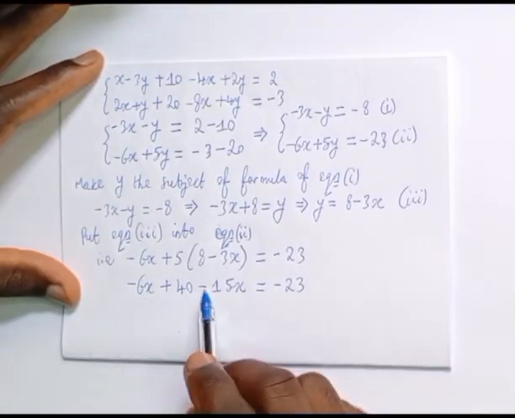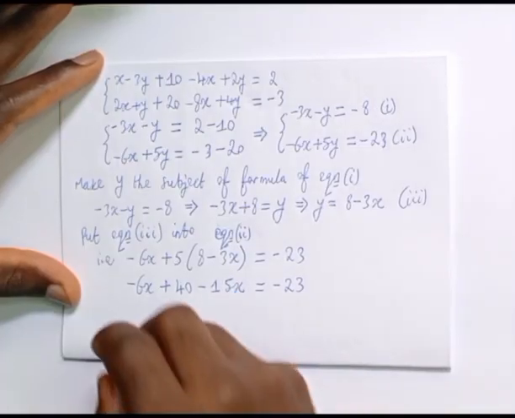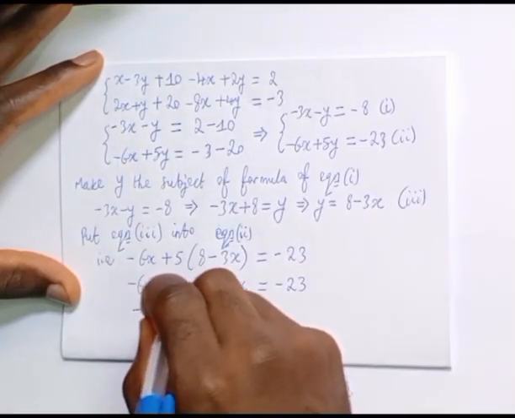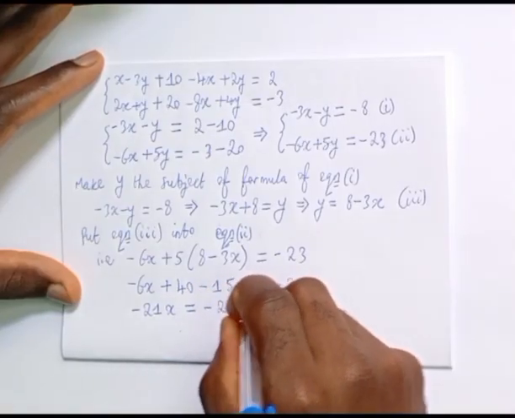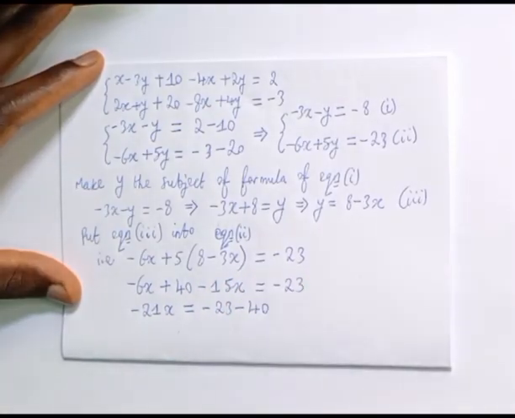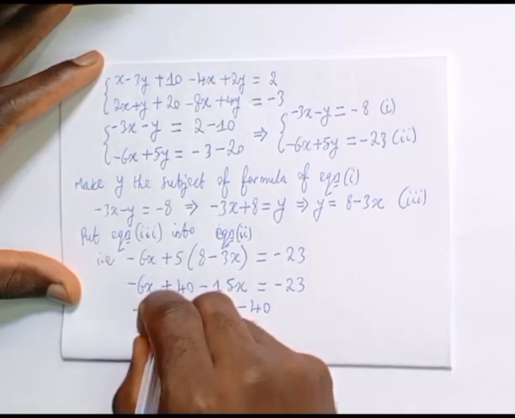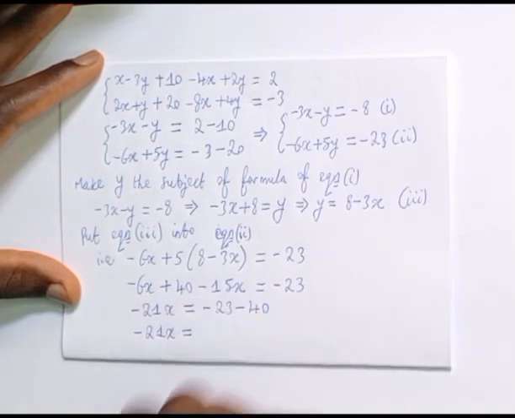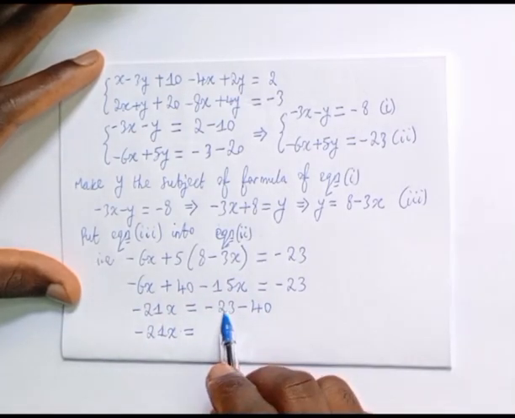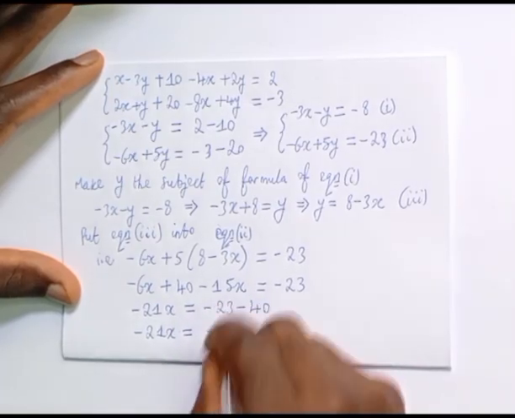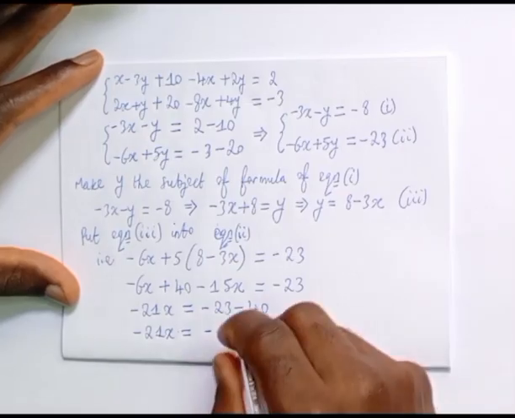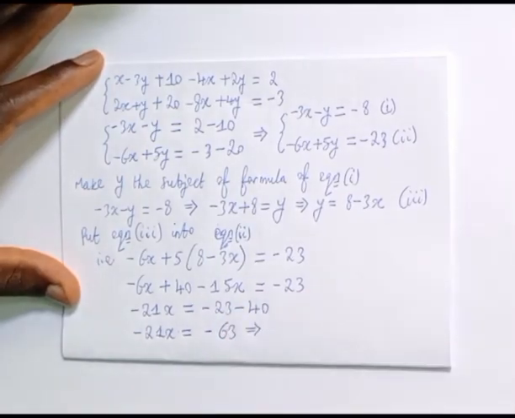Negative 6x minus 15x gives us negative 21x is equal to negative 23 minus 40. This will give us negative 21x is equal to negative 63. Then, for us to get the value of x, we are going to divide both sides by the coefficient of x, which is negative 21.